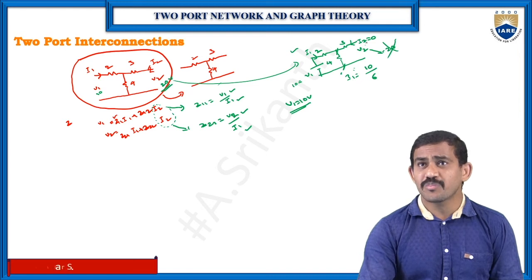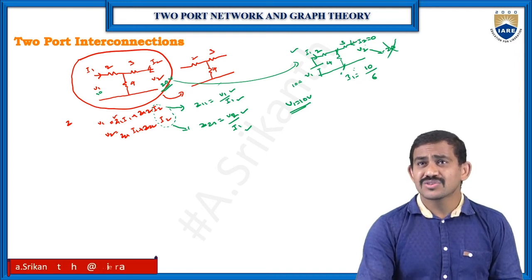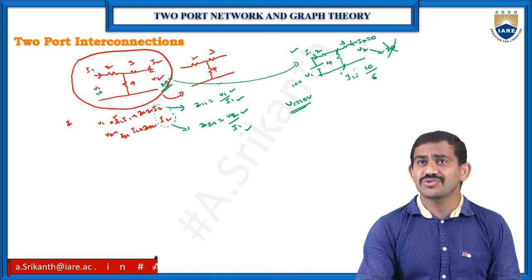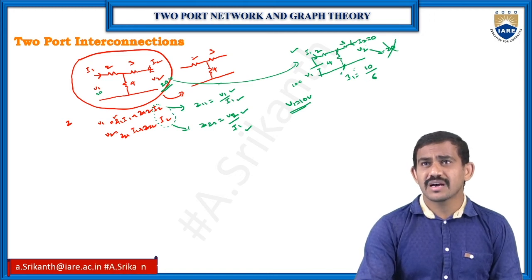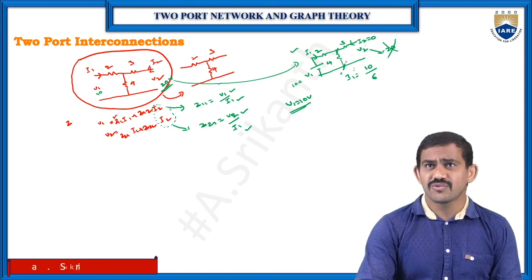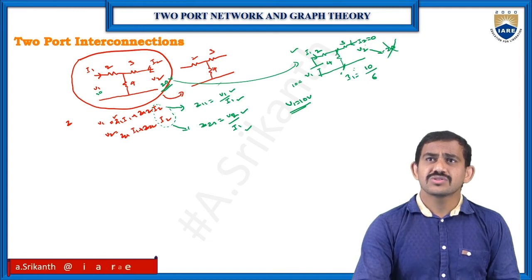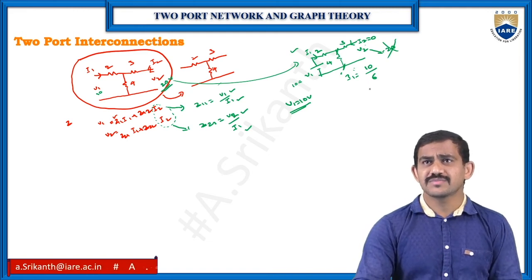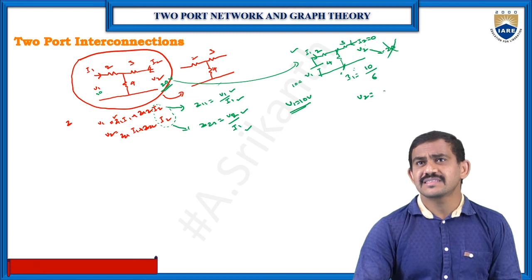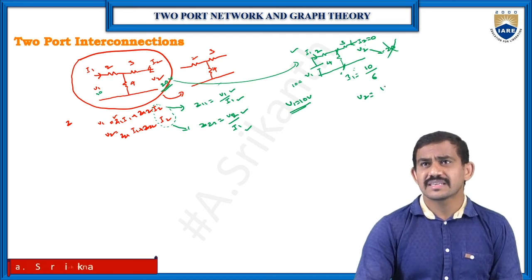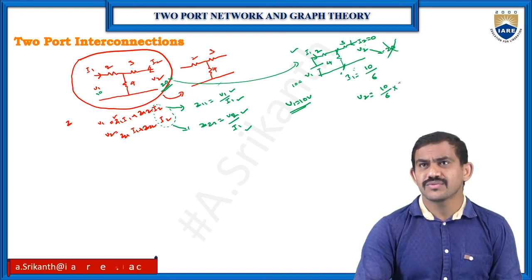Why? Because I2 is open. When I2 is open, you need to use your V2 value as the voltage across the 4 ohms. So the 4 ohms voltage, the V2 value, is 10 by 6 into 4.